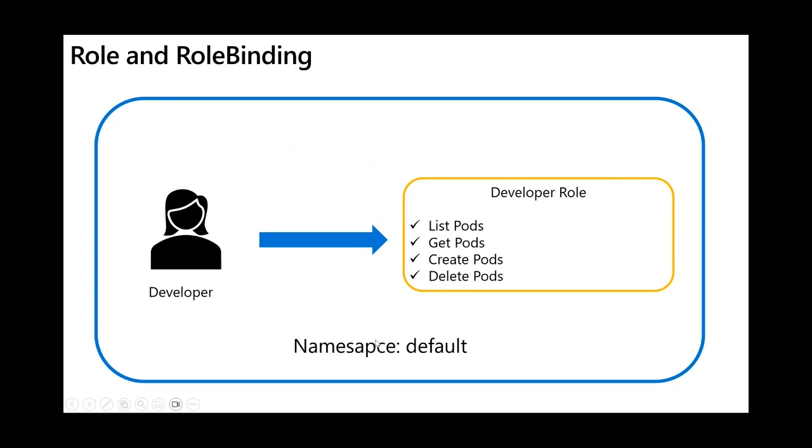So here in our default namespace, we have a developer who's bound to this developer role that includes capabilities such as being able to list the pods, get the pods, create pods, and delete pods. And you can see here that these permissions are bounded by this namespace through the blue outline that's included here.